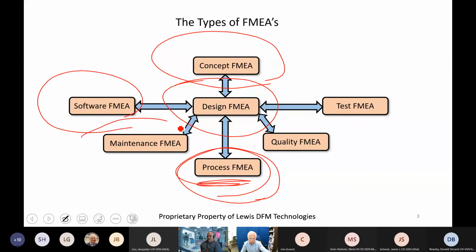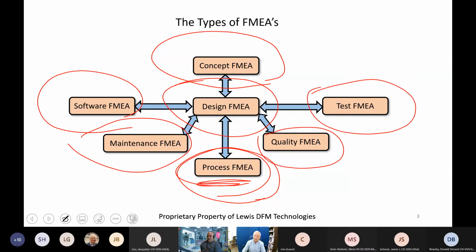There's software FMEAs, maintenance FMEAs, quality FMEAs, and test FMEAs. And that's all well and good. And they all follow the same basic template of trying to figure out failure modes in each of these areas before they actually happen and do something about them. So it's proactive action instead of reactive action.